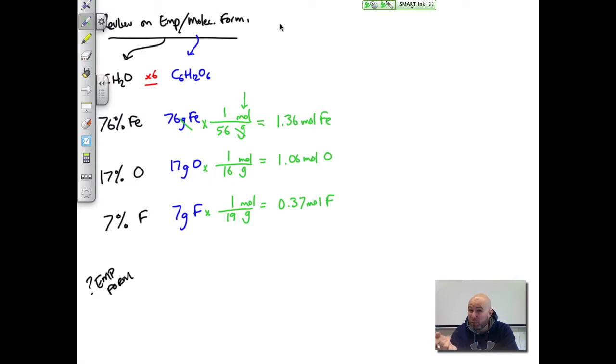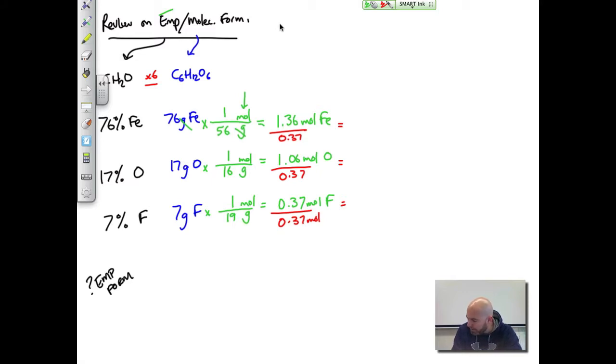Our next step is to divide by the smallest. Sometimes people forget to do that step, so I'm a fan of writing the labels, because then it tells me, all right, I don't have moles yet, but if I divide by the smallest moles for all of them, I'll get no label. That makes sense: no units, because those end up being the subscripts.